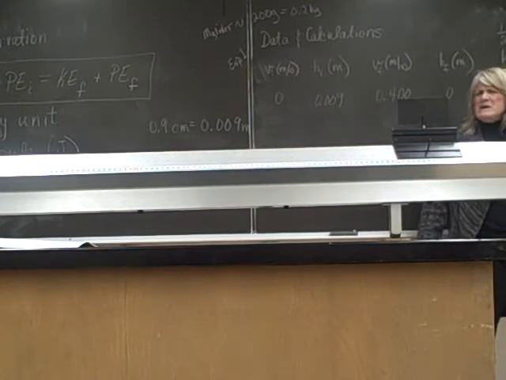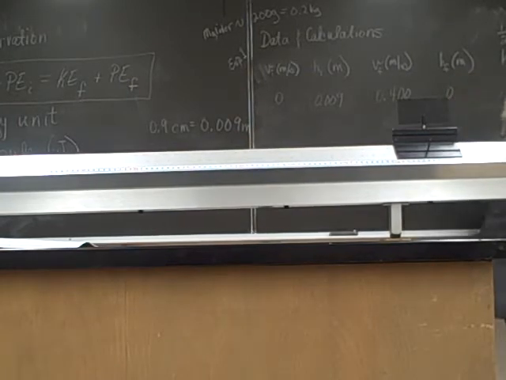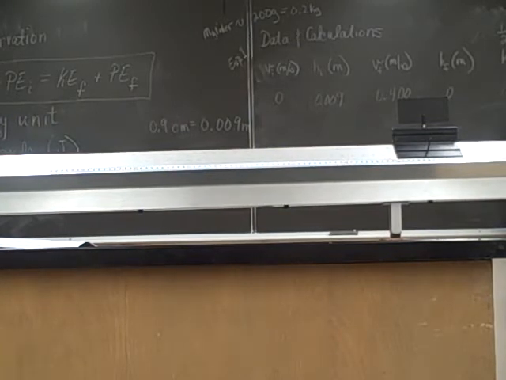Is that about right? Yeah. Okay. So my initial total energy, what is it? 0.018. Yeah, 0 plus 0.018, so 0.018.